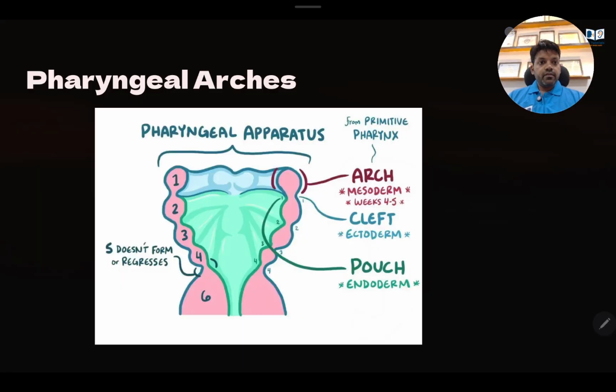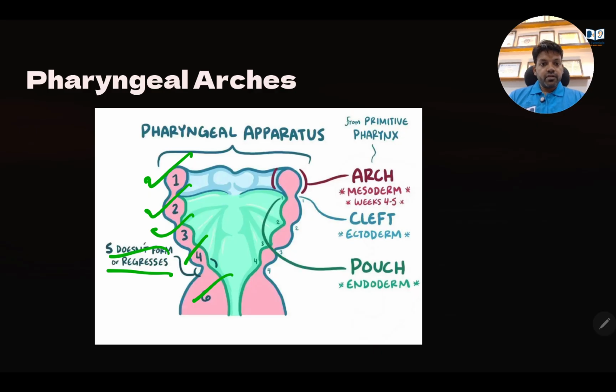So in pharyngeal arches, this is the same picture, just a close up view, and you will see these five arches: 1, 2, 3, 4th and 6th. 5 doesn't form; it regresses. Now we talked about the three layers. The arch is mesoderm.